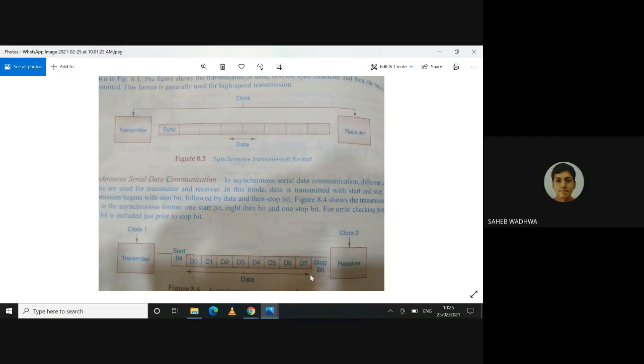Synchronous, obviously, because both the clocks are synchronized, and we are transmitting 1 byte, only 8 bits at a time, so the speed will be more. Here the clocks are different. How do you achieve the synchronization?